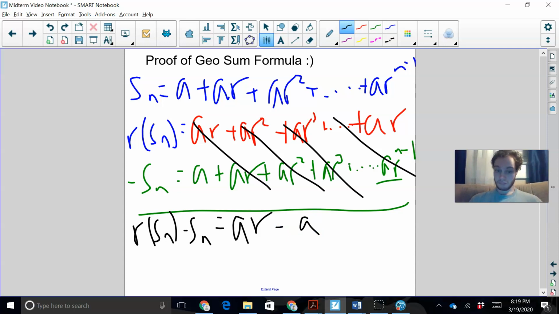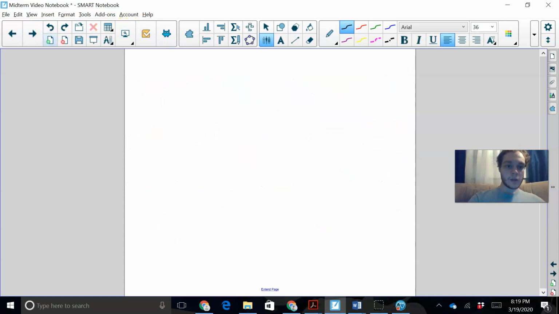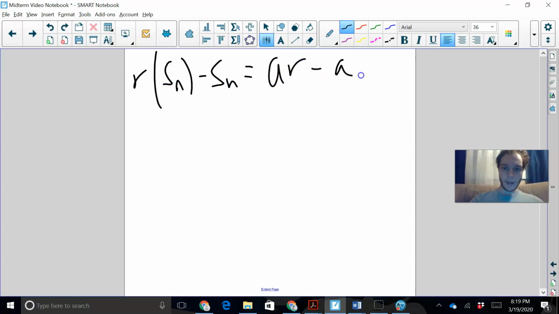I think that's right. Actually, I know that's right. Now if I look at the left hand side, I'm going to rewrite this on a new slide now because it's getting kind of messy. So we have r times s sub n minus s sub n equals ar to the n minus a.